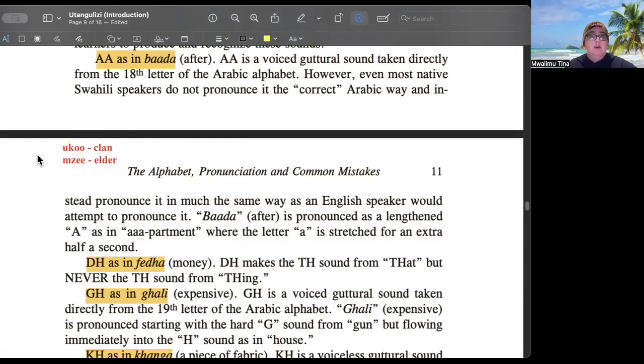So there is not a guttural sound differentiating between the 2 O's and the 2 E's, but it's drawn out. So instead of uko, no, it is uko, uko. Okay. Another example, mzee, mzee. Okay.